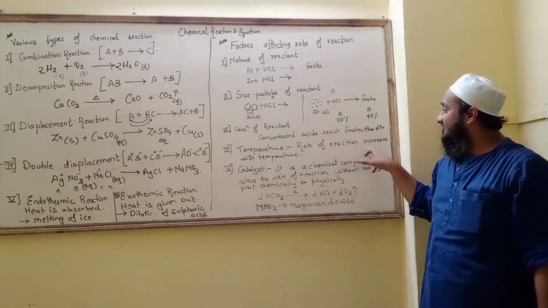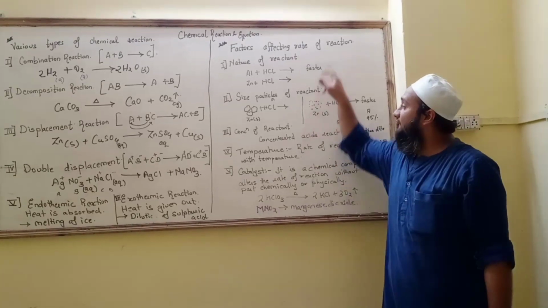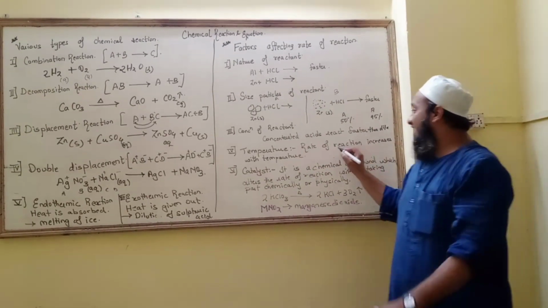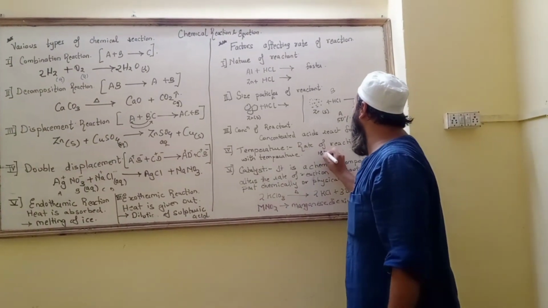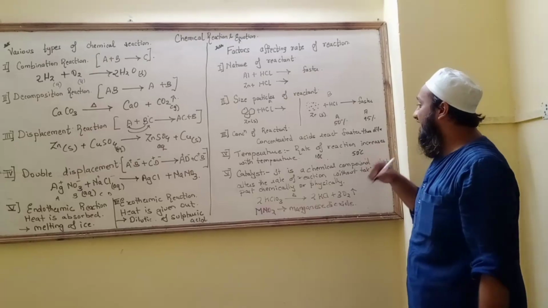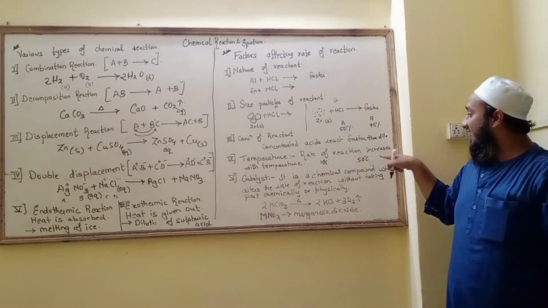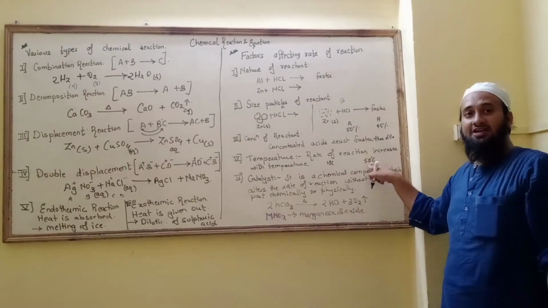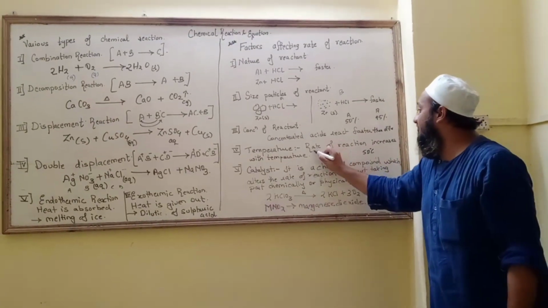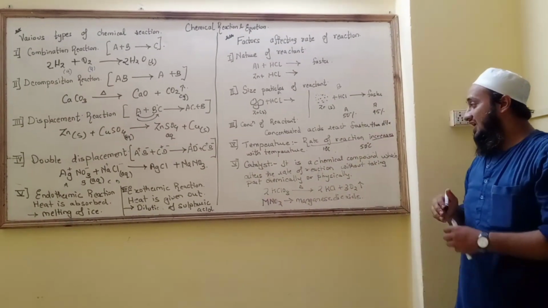As the temperature increases, the rate of reaction also increases. For example, a reaction taking place at 10 degrees Celsius and a reaction taking place at 50 degrees Celsius. Which reaction will occur faster? Naturally, the reaction taking place at 50 degrees Celsius. As you increase the temperature, the rate of reaction also increases.